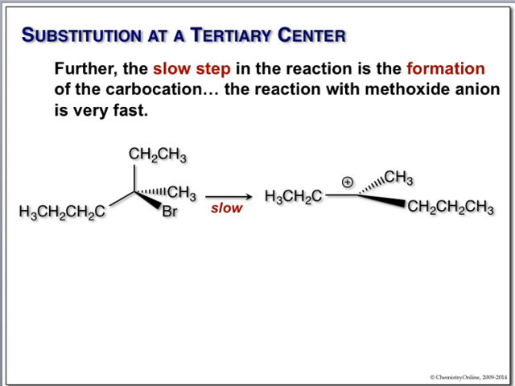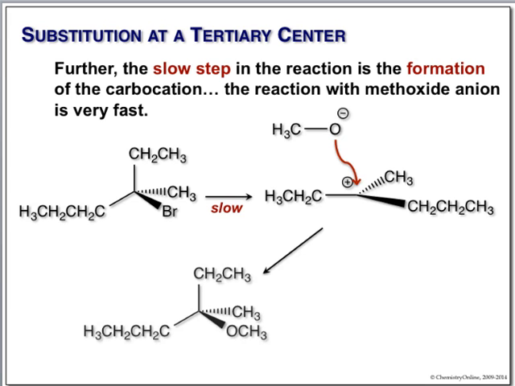Once we have the carbocation, it's very reactive, isn't it? So the nucleophile is going to add at the very first chance in a fast step. This is unimolecular because the only thing in the rate-limiting transition state is the electrophilic center. The addition of methoxide to it is going to be a very fast step.